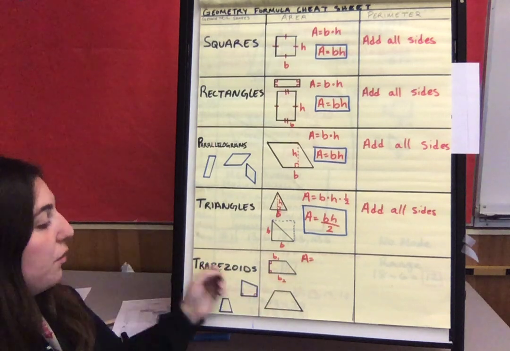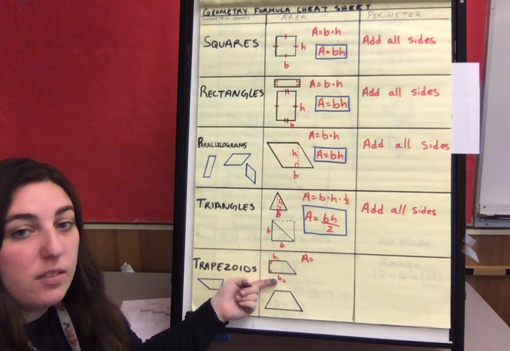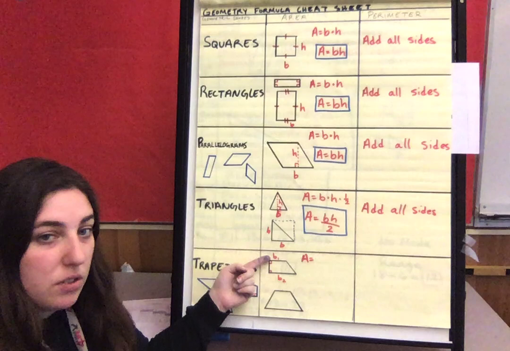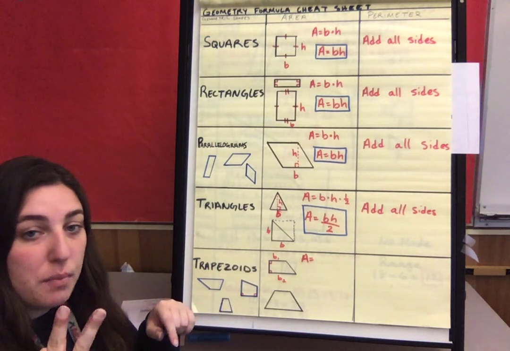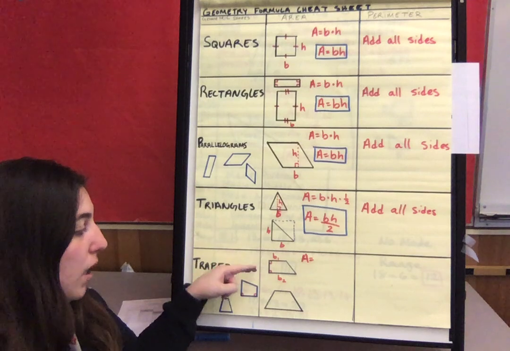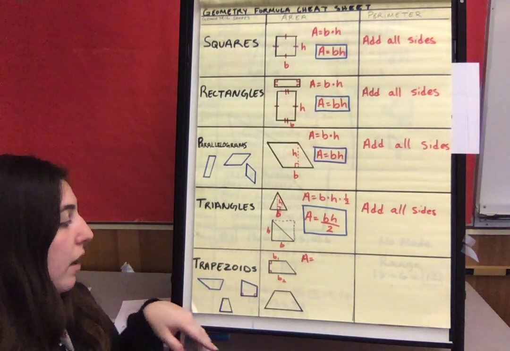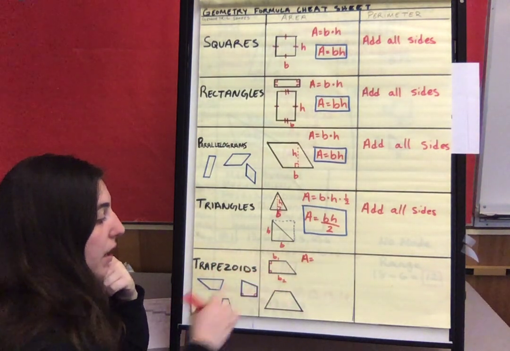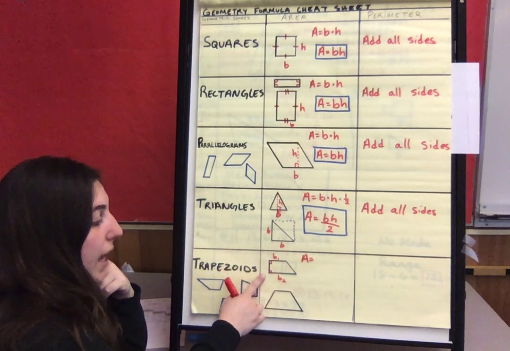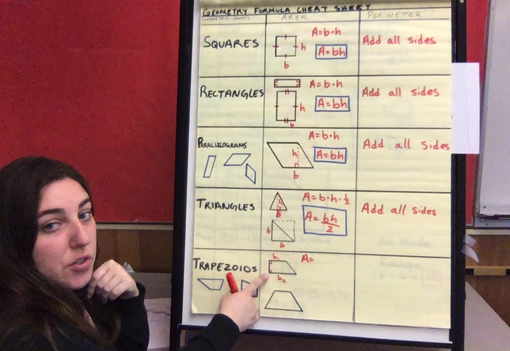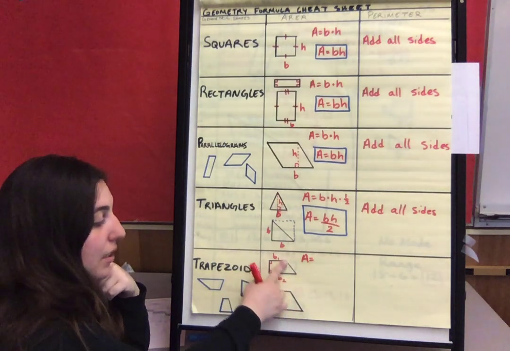Base 2. And it really doesn't matter if you label this base 1 or you label this base 2, as long as you understand that there are two different bases and we call it base 1 and base 2. And now with this type of trapezoid, our height is right here. The height goes from base 1 to base 2, so it is not this slanted part.